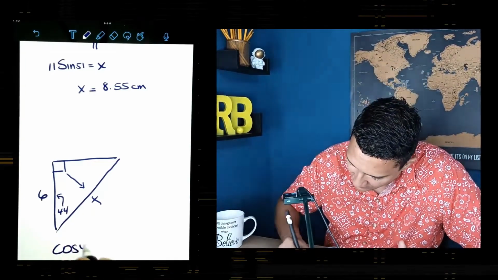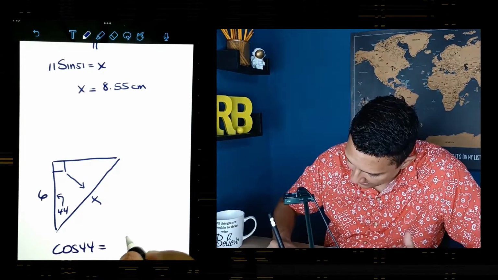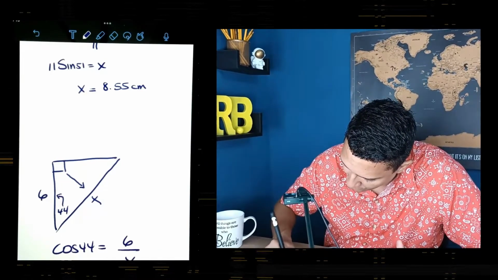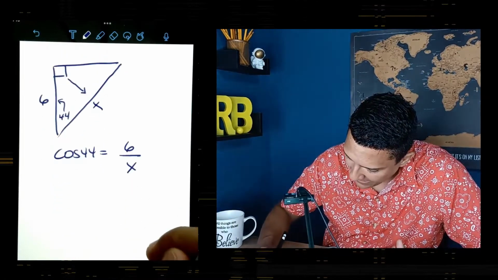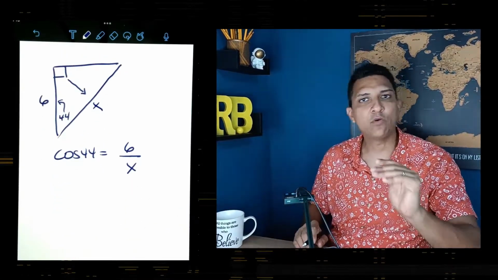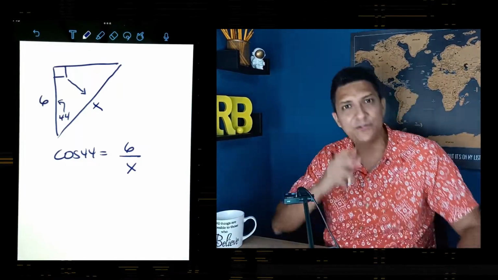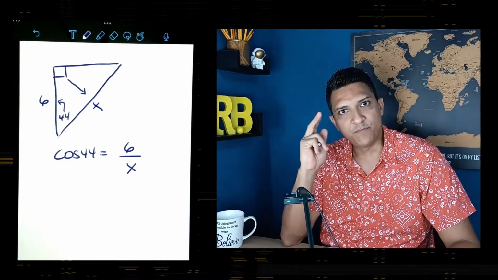So cosine of 44 equals adjacent, which is 6, over hypotenuse, okay? And here we need to be careful. Why? Because the variable is in the denominator. When the variable is in the denominator, I need to make two movements.